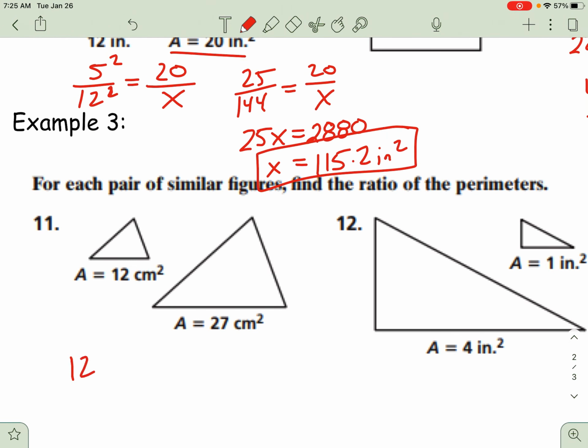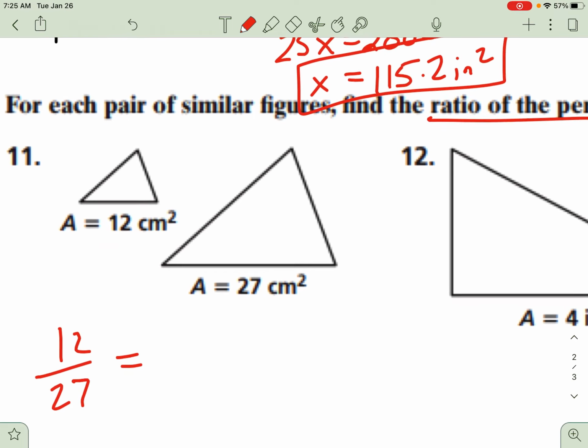Okay, same thing down below here. So 12/27 squared. Oh, I'm sorry, I'm looking down at this example 3. It's actually working backwards. This says area and area already, so we are working backwards to find the ratio of the perimeters.